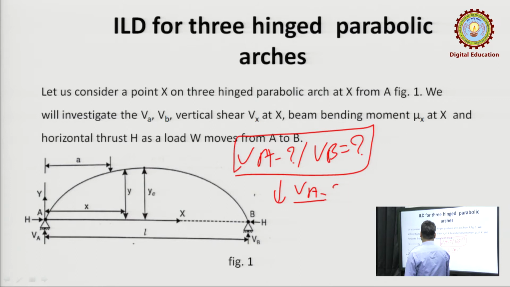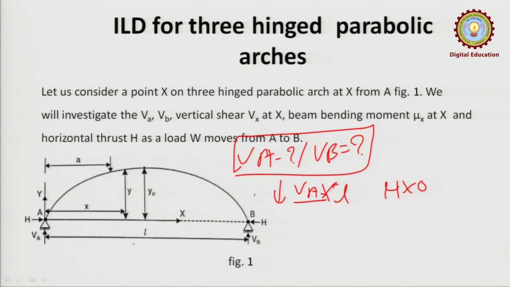Take a moment around B. When you take a moment around B, the span length is L, so that is VA into L, minus horizontal thrust H into 0, because the load passes through the point where we are taking the moment.